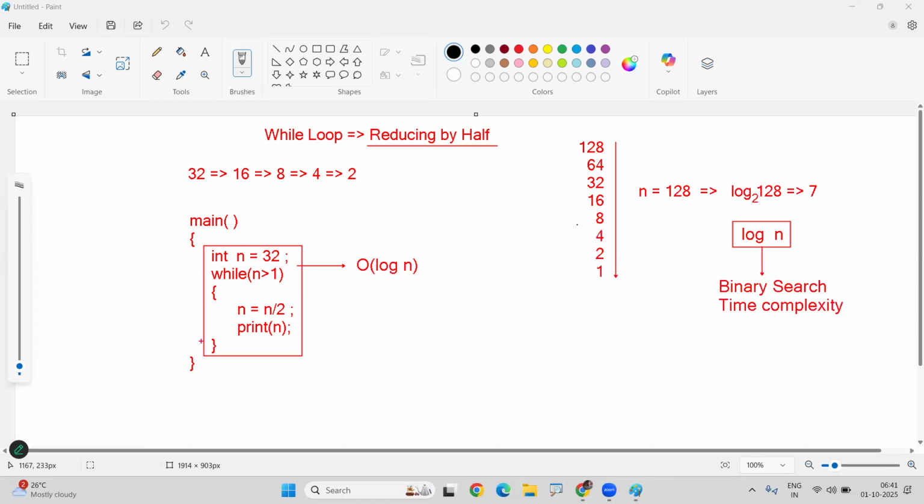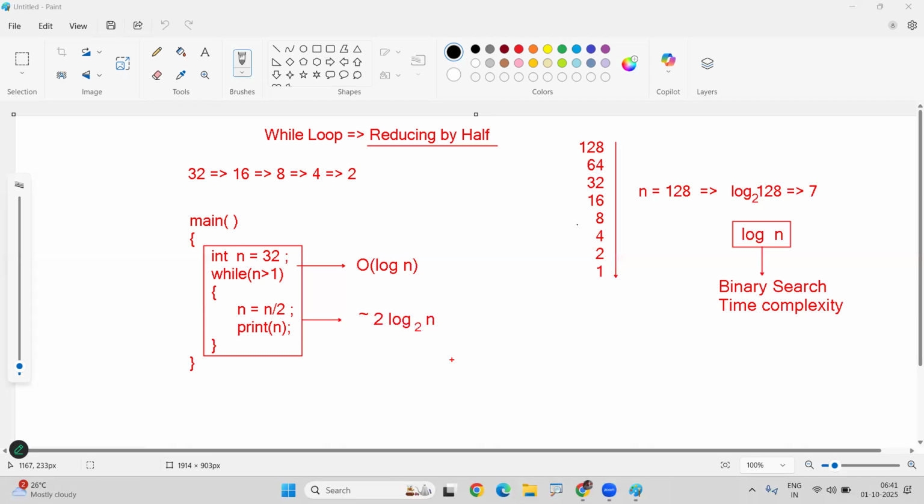But here it is repeating log n times, and every time it makes half and prints, makes half and prints. So two statements are executing continuously. So in tilde notation it is 2 log n, of course base 2.